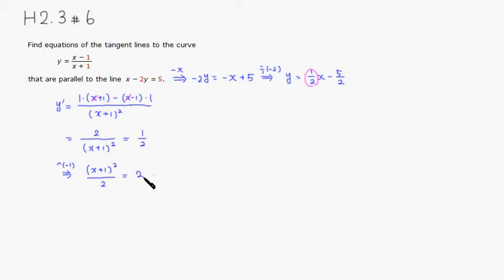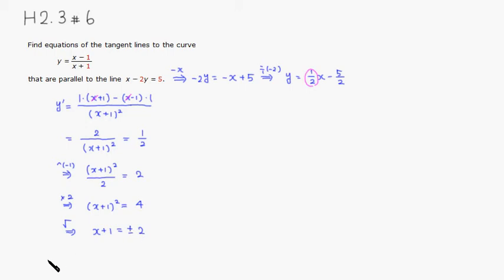Then let's multiply by 2. So you have x plus 1 squared is equal to 4, 2 times 2. Then by taking the square root of both sides, we can see that x plus 1 is equal to the square root of 4, which is 2, but don't forget to do plus or minus 2.